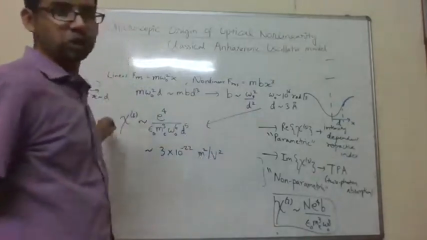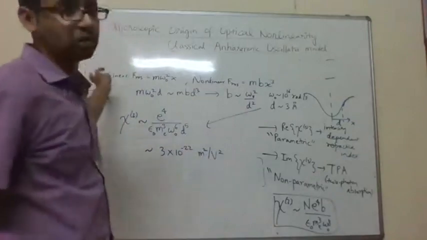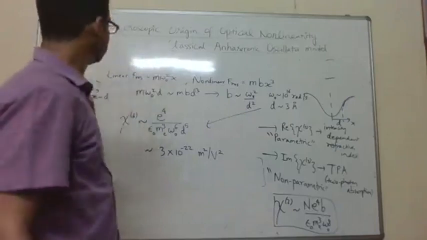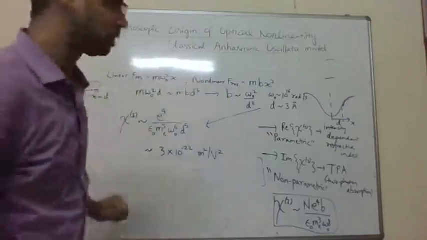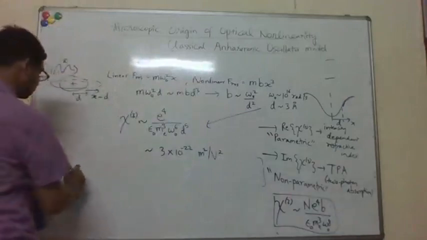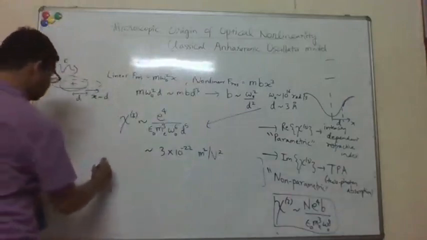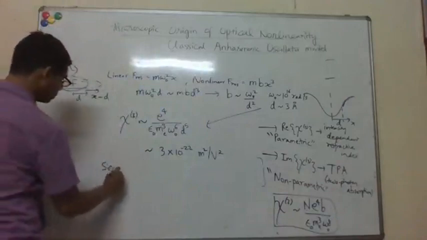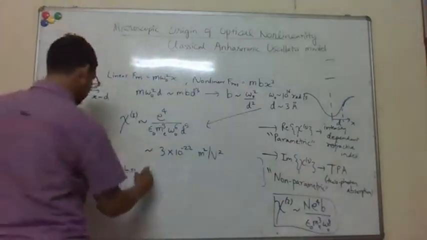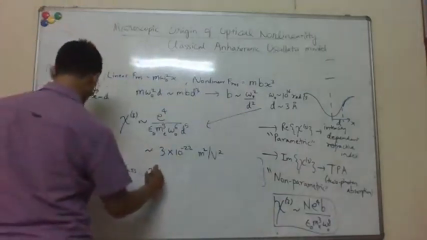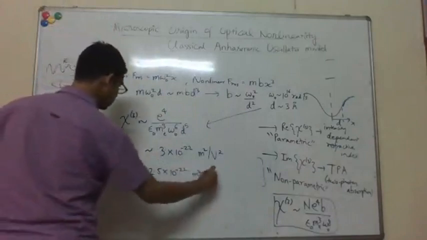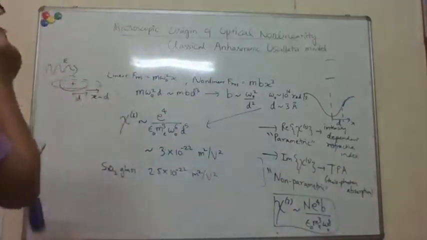I mean, you might think we made a lot of approximations. We started with a classical model of the atom. We only assumed one resonance frequency. We basically made approximation after approximation, but if you look at the actual values, so for silica glass, the most popular optical material, the value is about the same, very close.